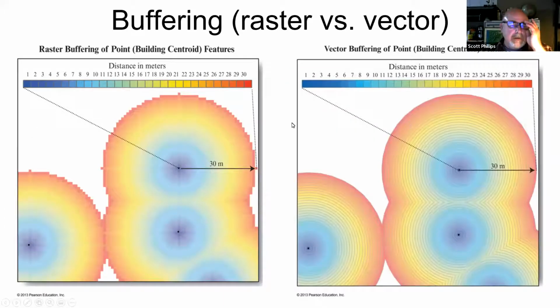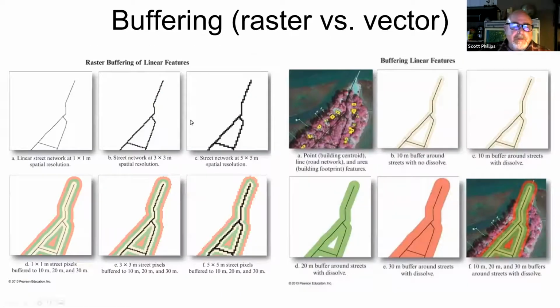Here's a closer view of a raster buffer versus a vector one. So here we have polygons that are created at a certain distance from a point. And here we have a raster that is created at a certain distance from a point. And similarly, at very fine scale or rough scale, raster data can also be buffered. What it does is it creates a new raster that is coded for the distance from that feature.